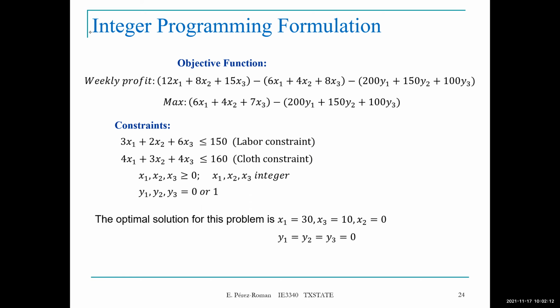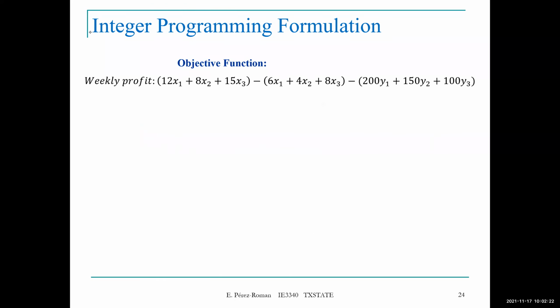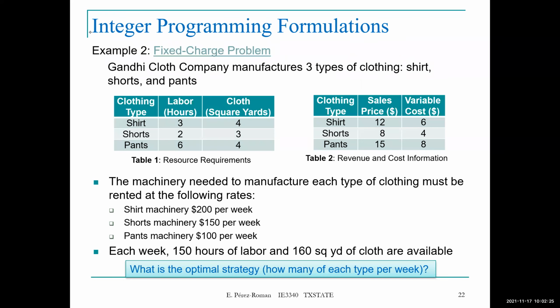I'm trying to understand the objective function. Okay. Maximize... So you're trying to understand the objective function? Yeah. So the objective function is based on the sale price and the variable cost. Yes, one wants to maximize the profit, right? Right.